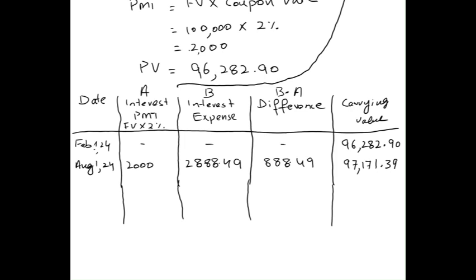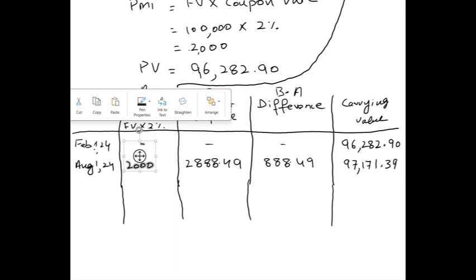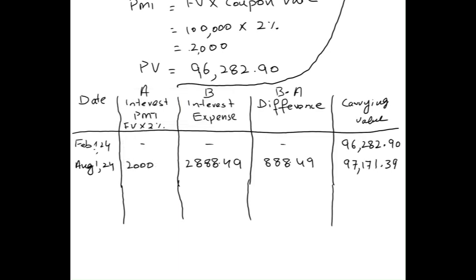And then the next payment will be 6 months after August 1st, which will be on February 1st, 2025. So your interest payment will always stay constant because your face value, which is 100K, and the coupon rate, which is 2%, is never going to change.